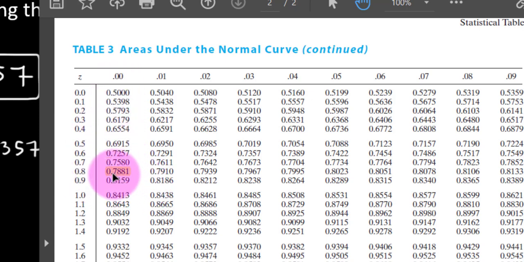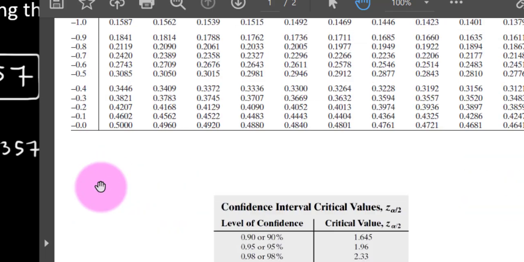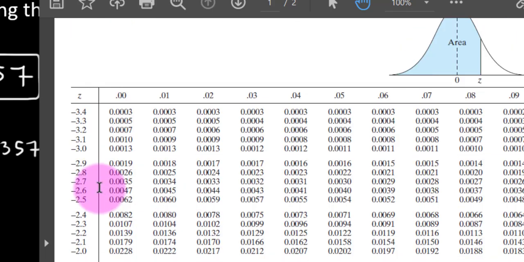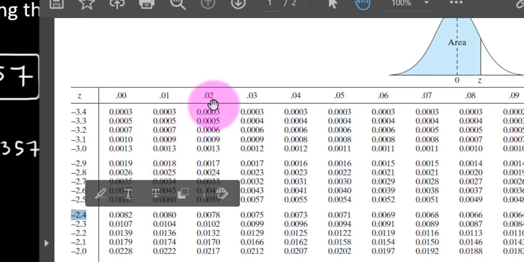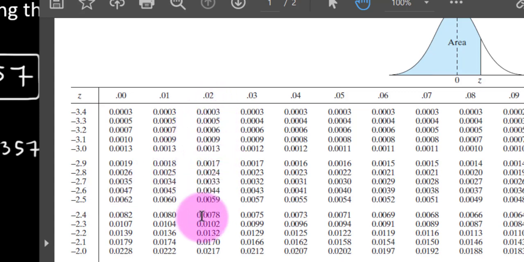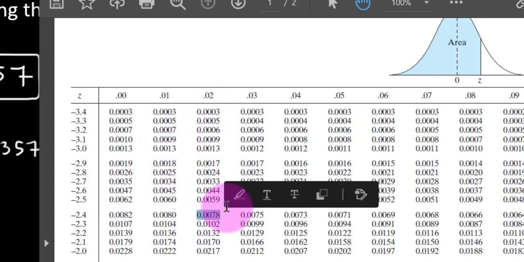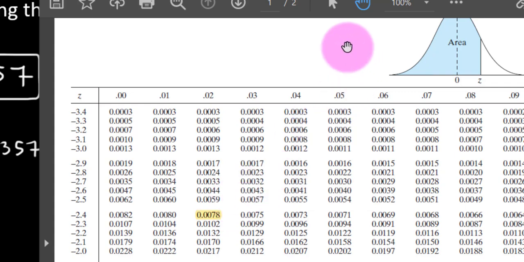And I want most of that value, but I want to subtract the area to the left of negative 2.42. So I'm going to go up to the negative side, negative 2.4, and then the column that says 2 is right there. So I found the row and the column that I need.